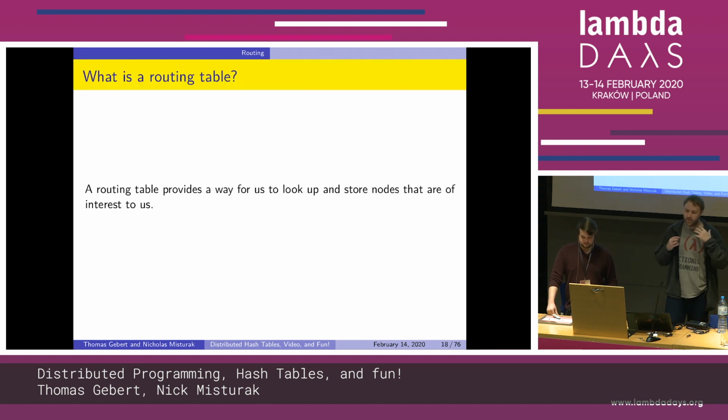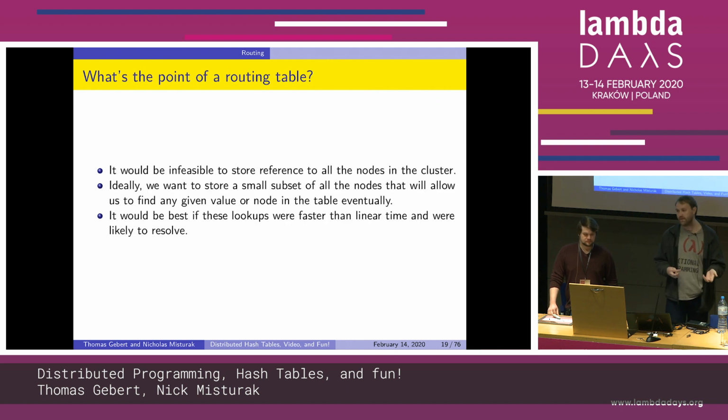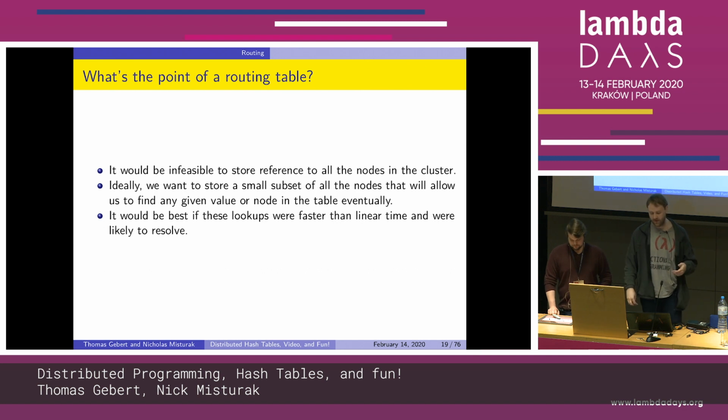One of the things that Kademlia does is provide something called a routing table. A routing table gives us a way to look up nodes that are interesting to us for whatever reason. The point of it is, if the cluster were to get giant, it's infeasible to store every piece of information about every node, because if it's something as big as BitTorrent, there are billions of devices running it, and you'd be dealing with gigs or terabytes of information on just how to get to a thing there.